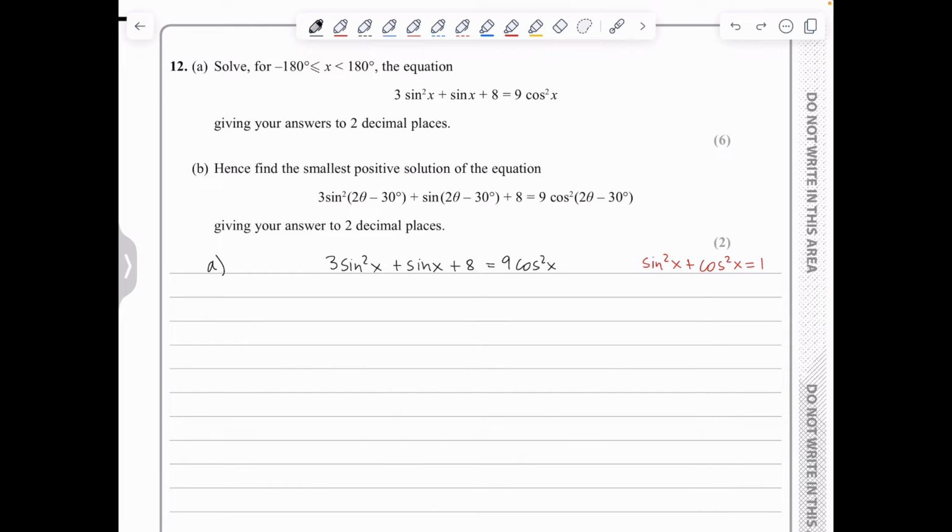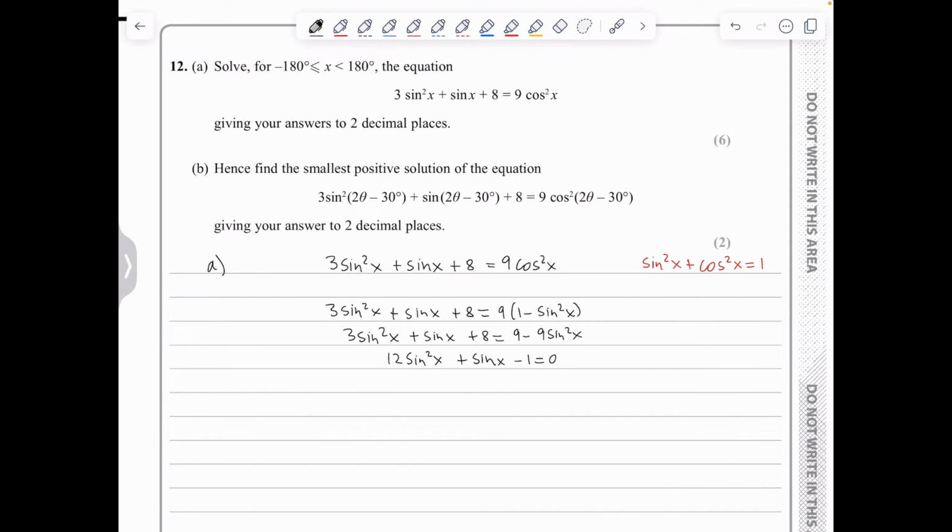So we've got 3 sine squared x plus sine x plus 8 is equal to 9 times 1 minus sine squared x. So leading to 3 sine squared x plus sine x plus 8 is equal to 9 minus 9 sine squared x. I will be collecting everything on the left hand side, leading to 12 sine squared x plus sine x minus 1 is equal to 0.